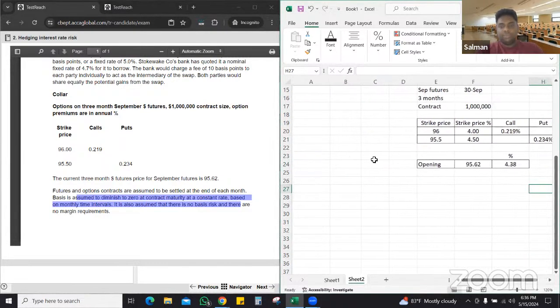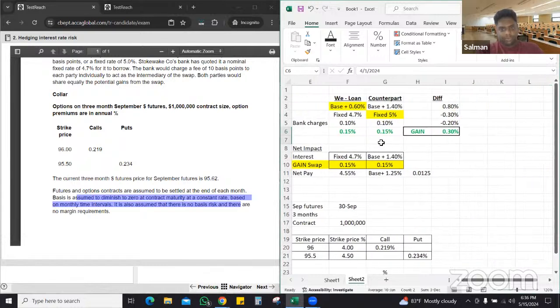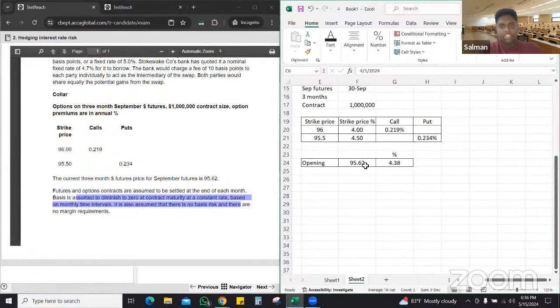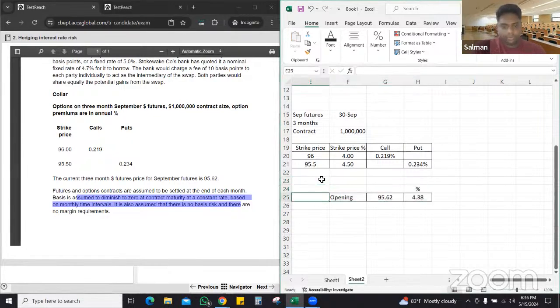Students, when is today? Today is 1st of April. Okay. So if you are buying futures today, if you are opening futures today, today is what? 1st of April. Your future price is 95.62.